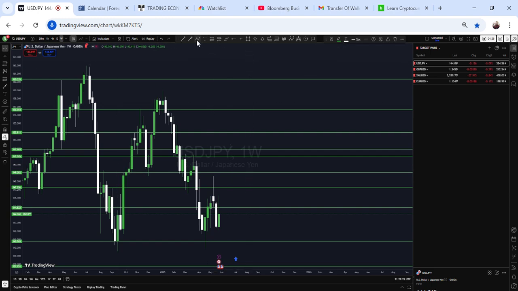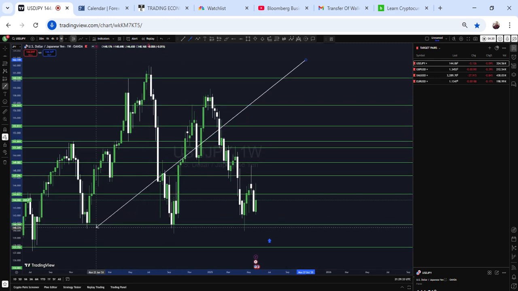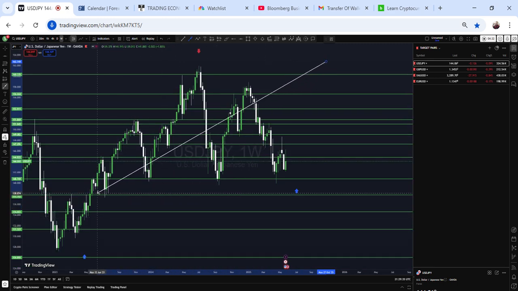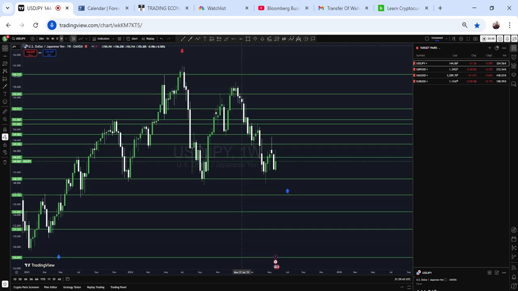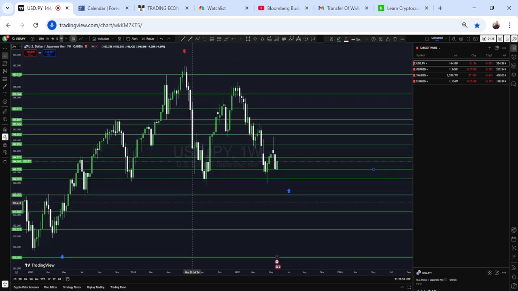I call it support because a line that was tested as a form of support here, here, and here was previously a resistance here. That's why I call them support or resistance lines. I put my support and resistance either on the higher time frame, which is the weekly, or on the daily time frame.